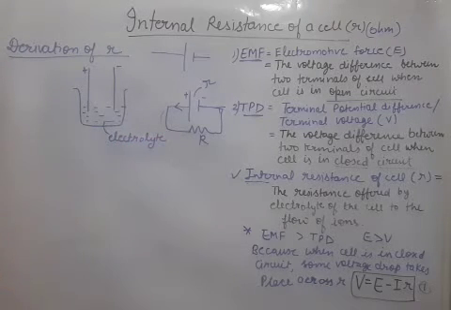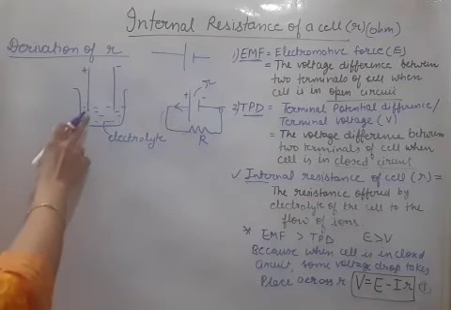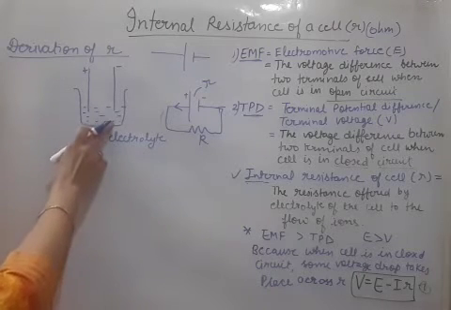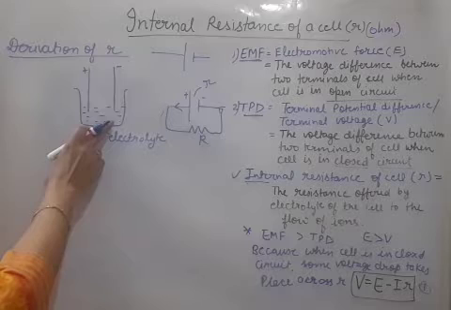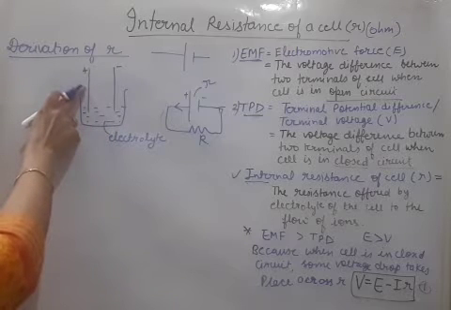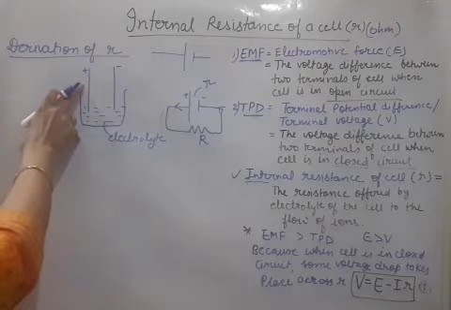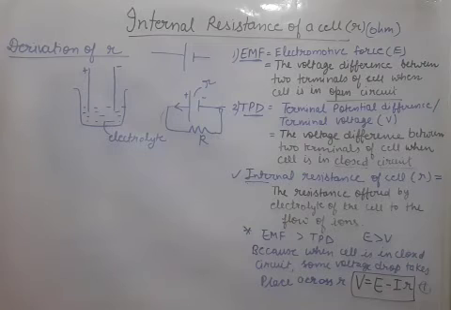So in a chemical cell, actually what happens here, some chemical reactions take place. Due to that, the positive charge always deposits on the first electrode and negative charge always deposits on the second electrode.